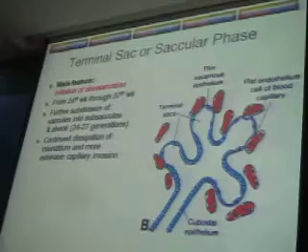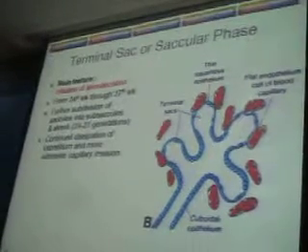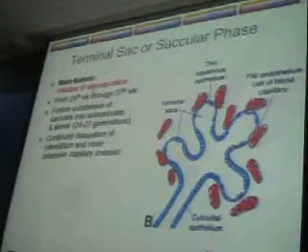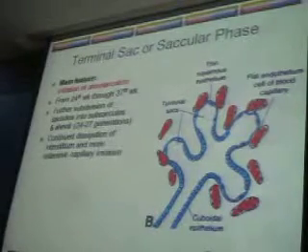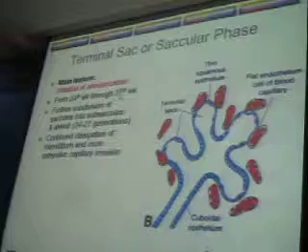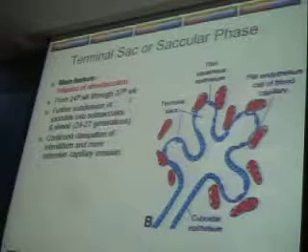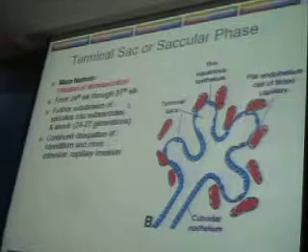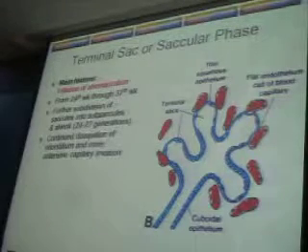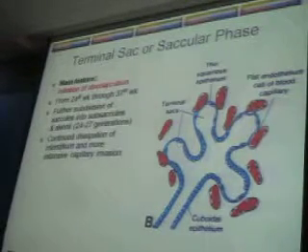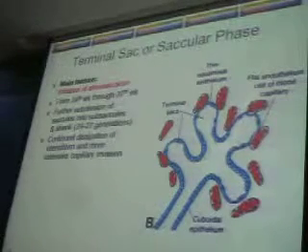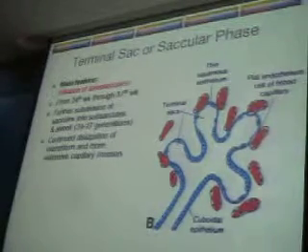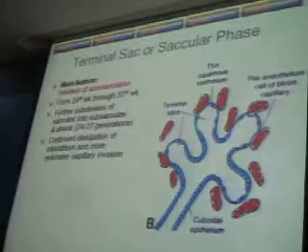Okay? So, we go to the saccular phase. The main feature here would be the initiation of alveolarization. This is from the 24th to the 37th week of gestation. So you'll have further subdivision of your saccules into subsaccules. And there's continued dissipation of your interstitium as you have more extensive capillary invasion.